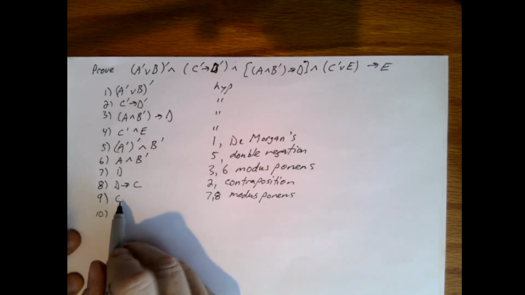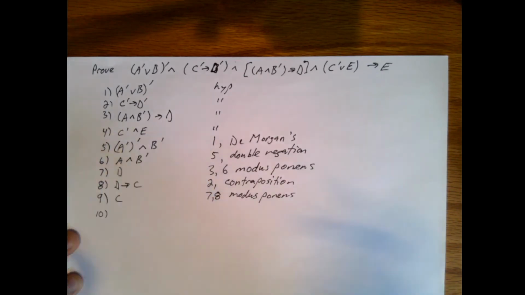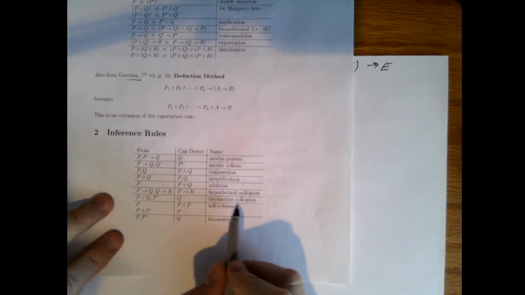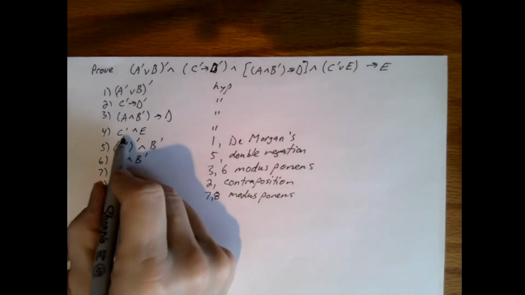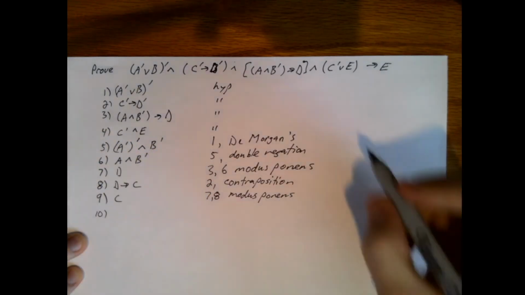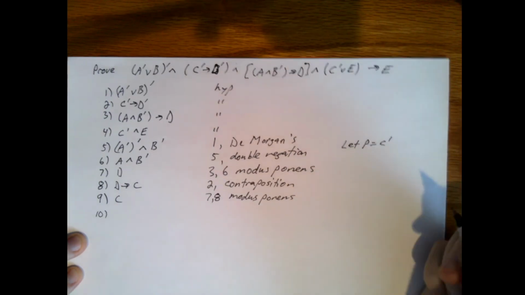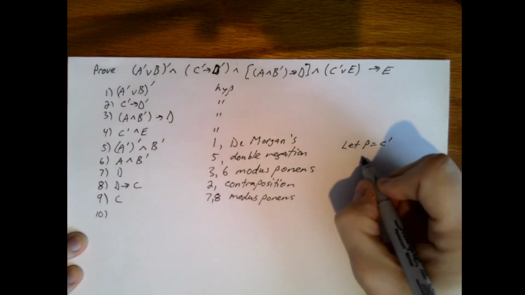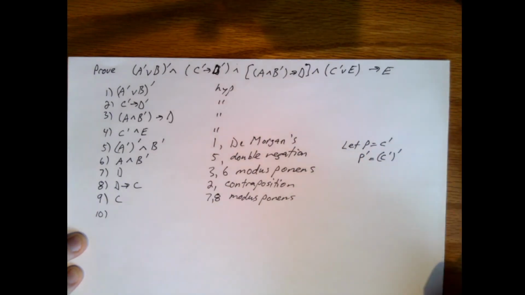So there's C. Here's not C. And E. So once again, this is one of those judgment calls about how anal do you need to be. Well, here's disjunctive syllogism. This shows P and then not P over here. But I've got C and not C here. So let's think of it this way. If I were to let P equal not C, then C here, P prime, is that, right?